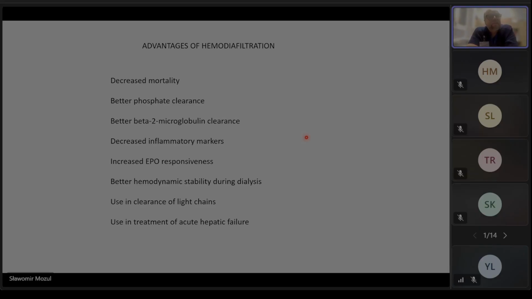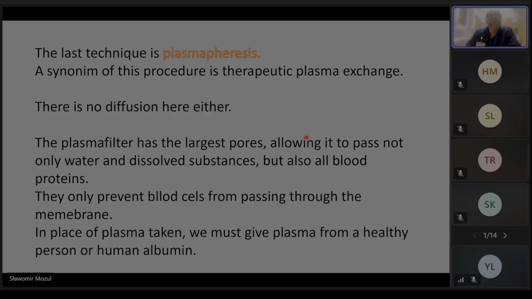Decreased mortality, better phosphate clearance, better beta-2 microglobulin clearance, decreased inflammatory markers, increased EPO responsiveness, better hemodynamic stability during dialysis, use in clearance of light chains, use in treatment of acute and hepatic failure.